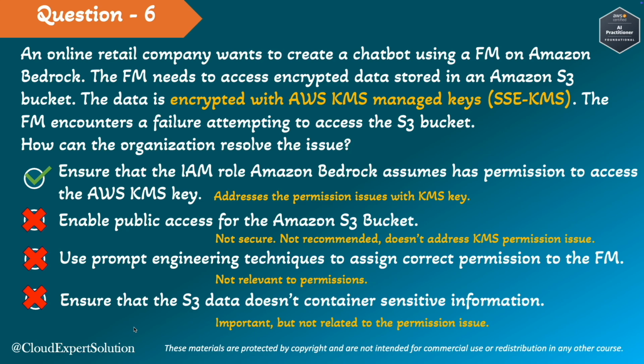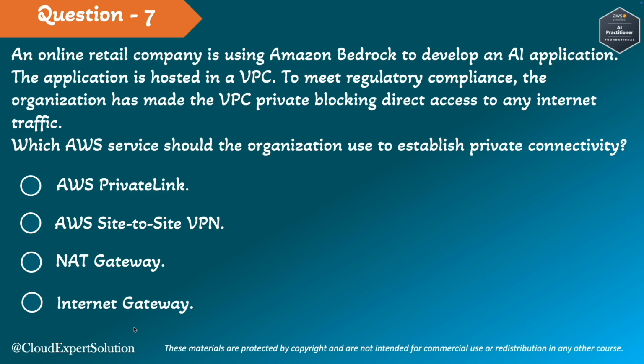Navigating to question number 7. An online retail company is using Amazon Bedrock to develop an AI application. The application is hosted in a VPC. To meet regulatory compliance, the organization has made the VPC private, blocking direct access to any internet traffic. Which AWS service should the organization use to establish private connectivity?